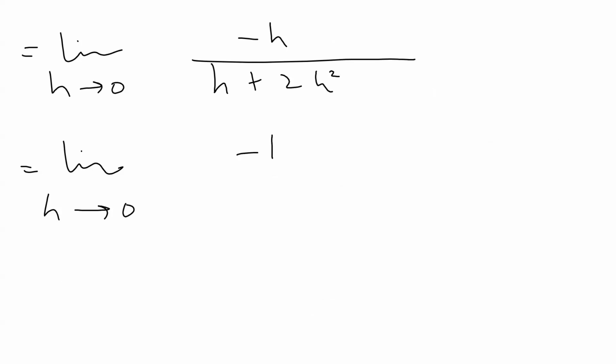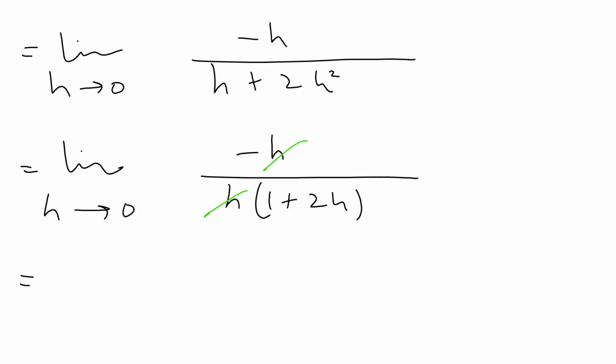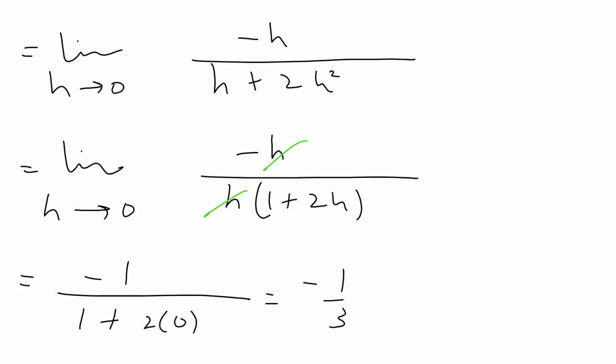Take h common: h into (1 plus 2h). Now cancel one h. Now put the value of h as 0, because whatever simplifications were supposed to be done are done. So LHL is minus 1 by 3.